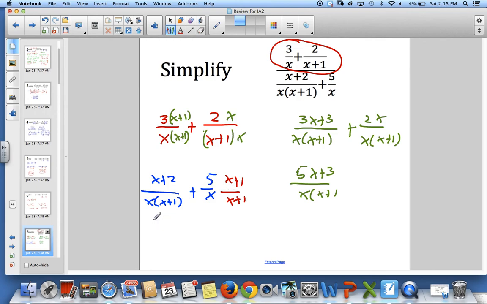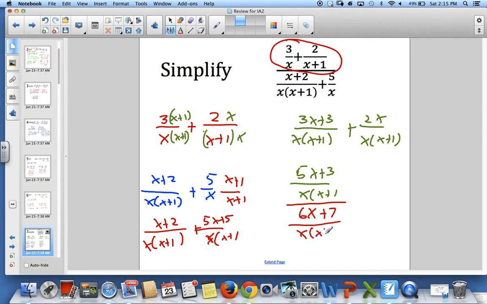And that becomes x plus 2 over x(x plus 1) plus 5x plus 5 over x(x plus 1). So the bottom fraction now becomes x plus 5x is 6x, plus 7, over x(x plus 1).